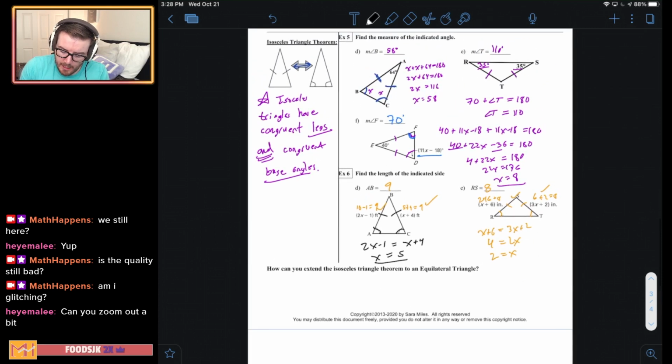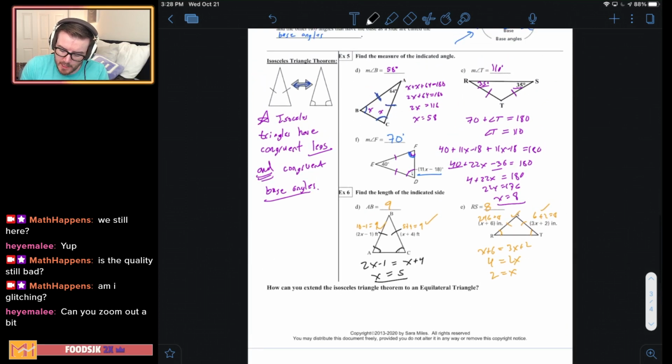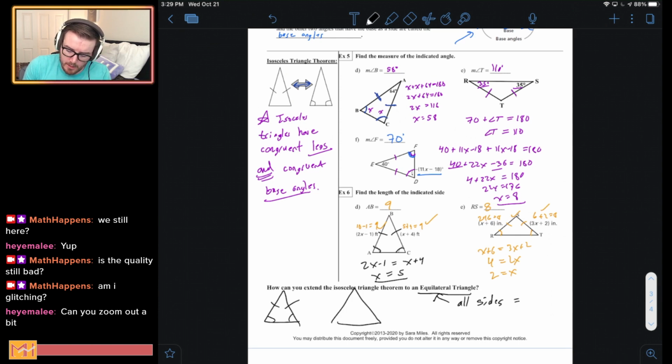How can you extend the isosceles triangle to an equilateral? Well, equilateral means all sides equal. So if an isosceles triangle has these two base angles the same, then an equilateral triangle has all three angles the same, right?